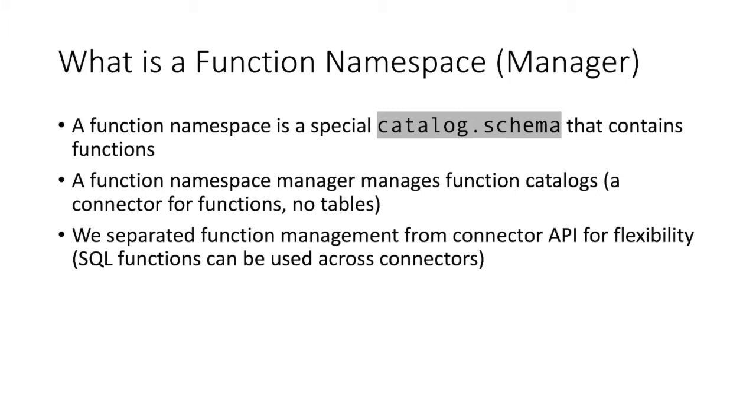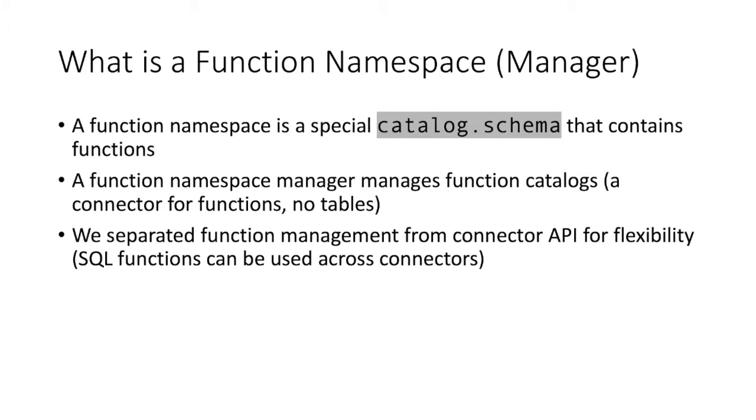Catalog basically maps to a connector in Presto. So you can have a Hive connector with the name Hive, or you can have a Hive connector with the name MyHive. So that would be your catalog, and schema is the internal concept of that. Or you can have a MySQL catalog with a MySQL database as the schema. We decided to separate this from the connector API because we want the flexibility of separating this catalog schema from your Hive or MySQL tables.